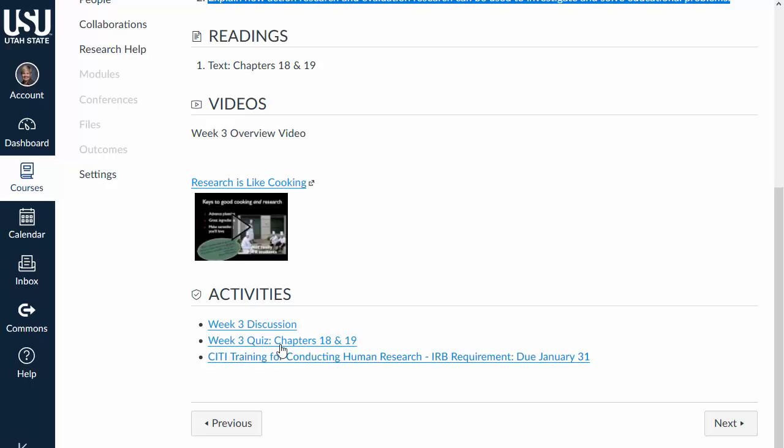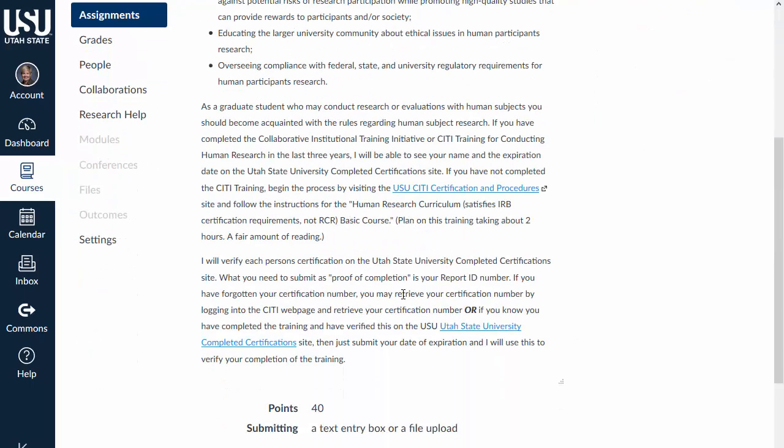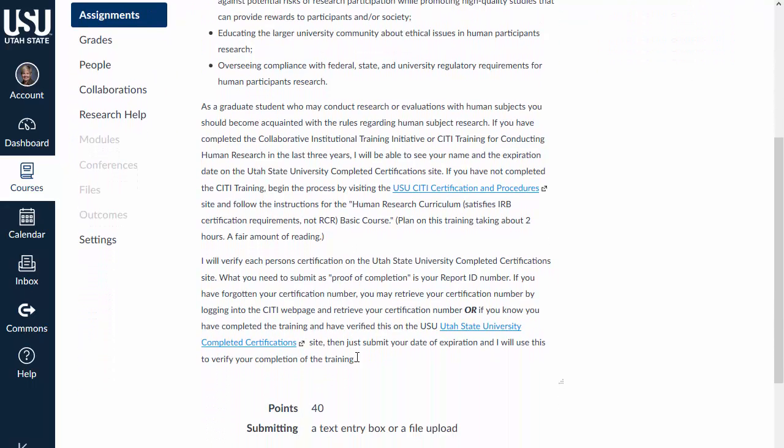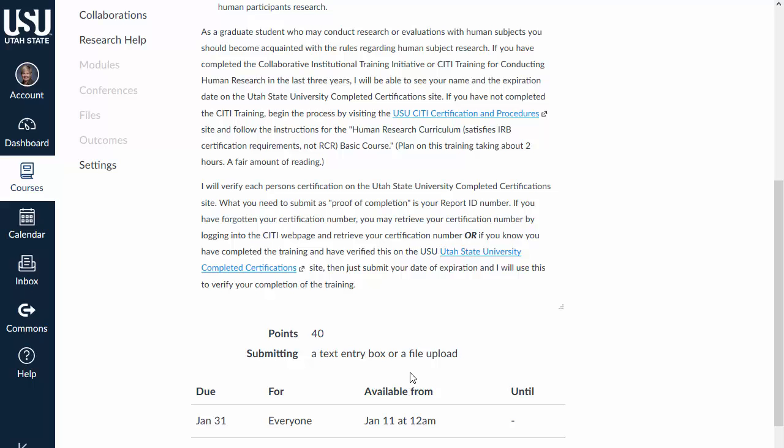You'll see this pop up as something you should be working on. But you essentially go to the modules that are linked on this. I'll take a quick look right here. We'll jump into it. But it outlines what you need to do to get this city certification. And those of you in the MS program and you're going to be doing a thesis, this is required. You can't actually conduct your research without having this certification.